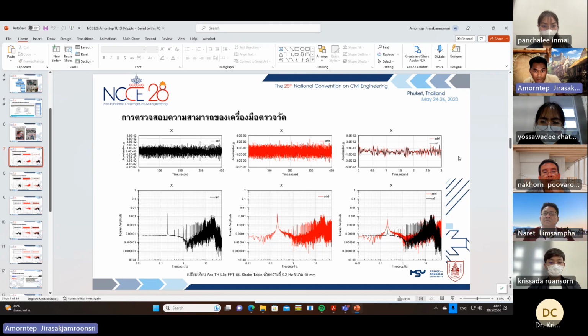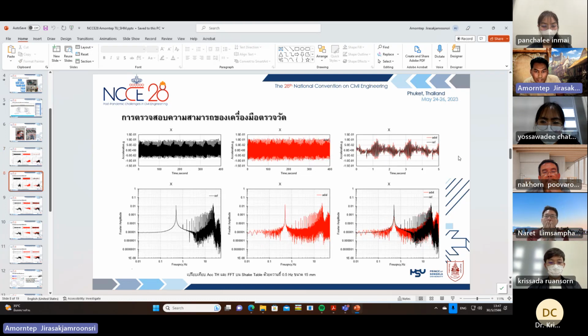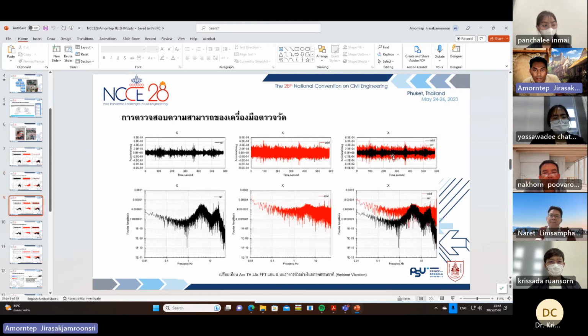And I have many cases. The next is frequency on the checking table of 0.5. The amplitude is quite similar. And this is the result from ambient vibration on the building.